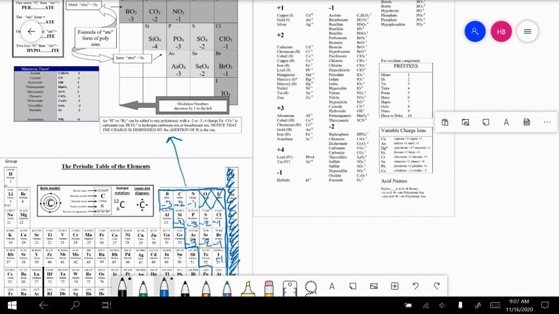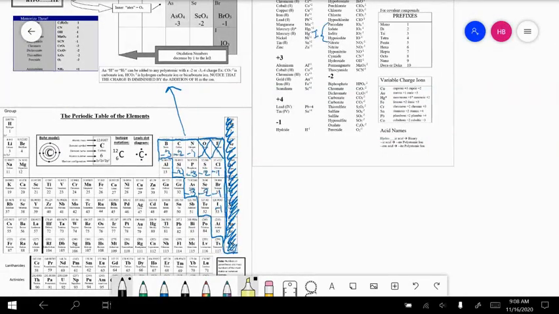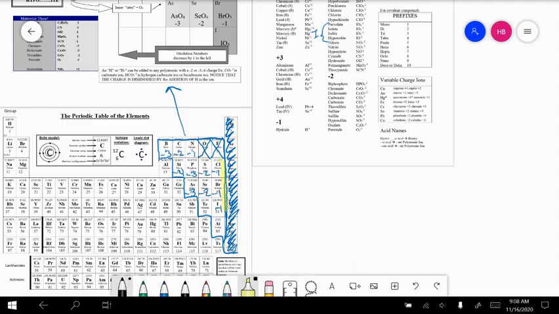So let's find a series of polyatomic ions. How about right here? How about iodine? That is my series right there that starts with iodine. So remember ins and outs. Let's separate our ins and outs. Our outie guys are right here, on the outside of the nonmetals.